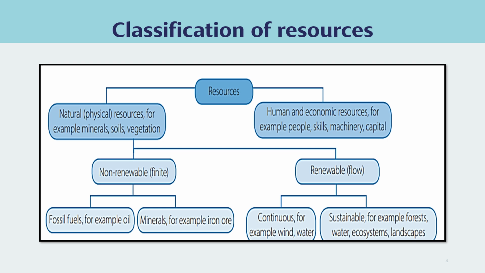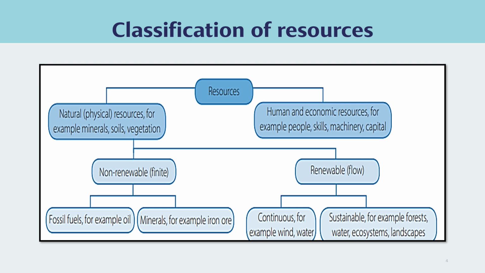Examples of those are fossil fuels, for example, oil, and minerals, for example, iron ore. Non-renewable meaning that if you use it, it is used up. You can't use it again. But renewable is something continuous, for example, wind or water.